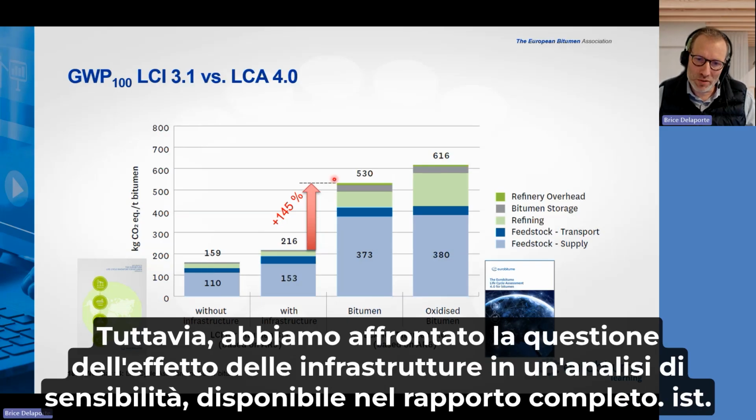So in the new study, we have a single value. However, we addressed this issue of the infrastructure effect in the framework of sensitivity analysis, which is available in the full report and in the result.